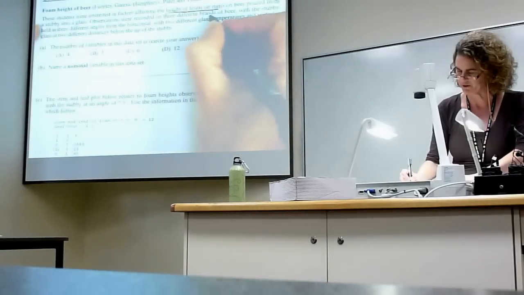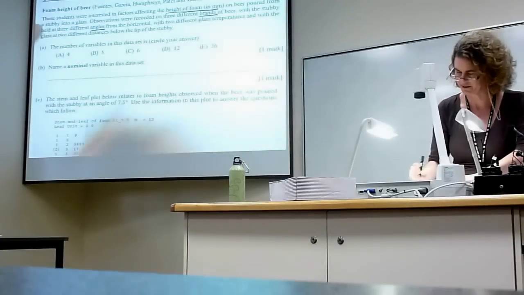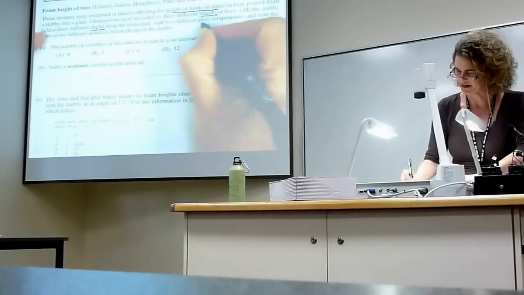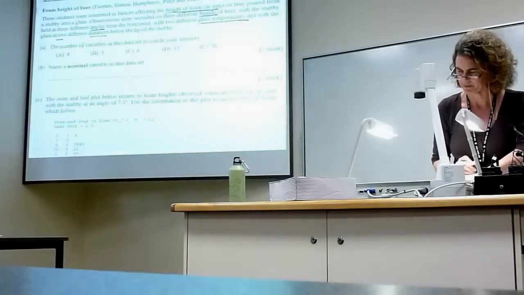Poured from stubby into a glass. Observations were recorded on 3 different brands of beer, with the stubby held at 3 different angles, with 2 different glass temperatures, and with the glass at 2 different distances. Okay, 1, 2, 3, 4, 5. That's that same line there.